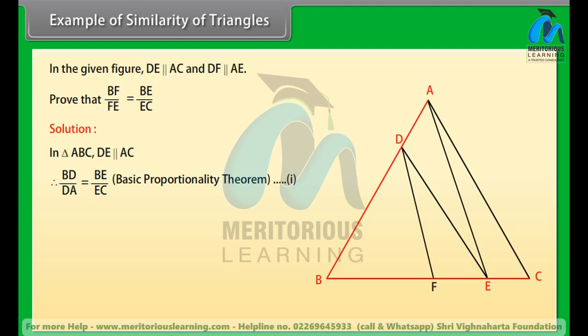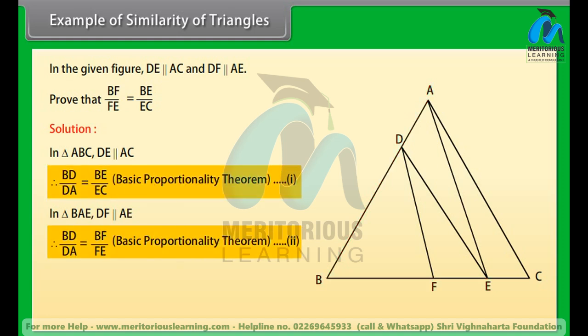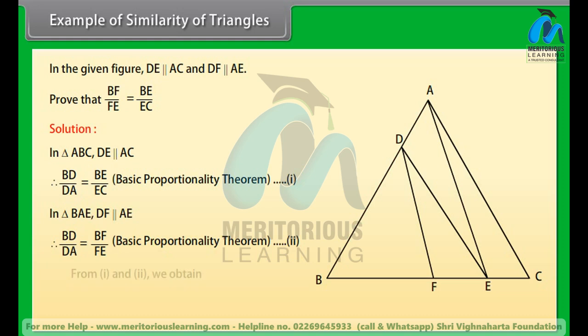Therefore, BD upon DA equals BE upon EC by the basic proportionality theorem. Mark it as 1. In triangle BAE, DF is parallel to AE. Therefore, BD upon DA equals BF upon FE by the basic proportionality theorem. Mark it as 2. Now, from first and second, we obtain BE upon EC equals BF upon FE.